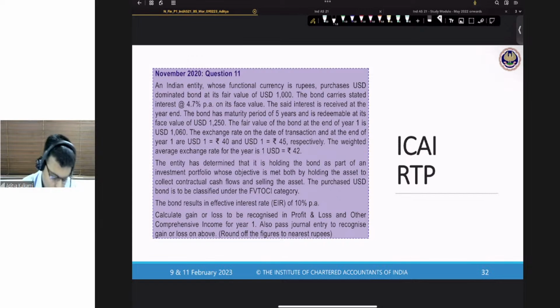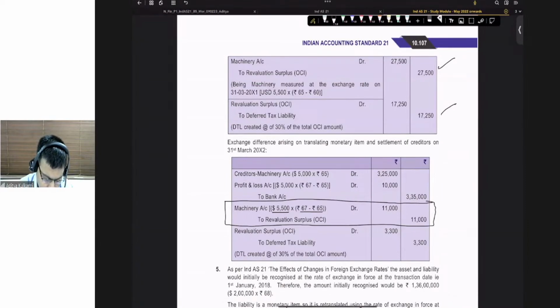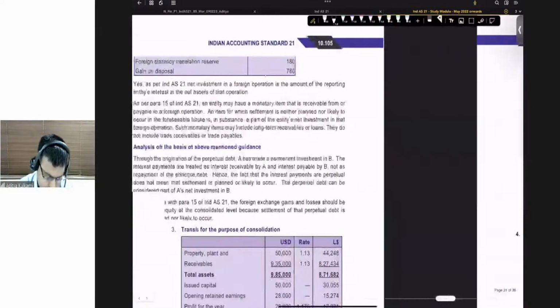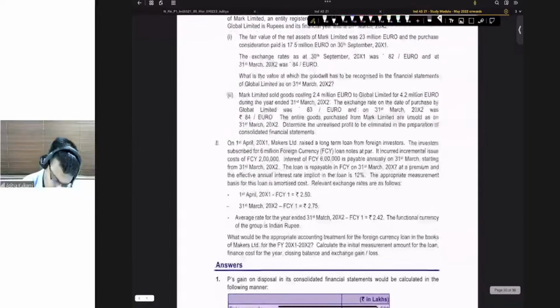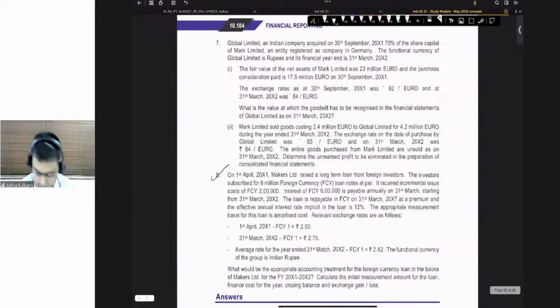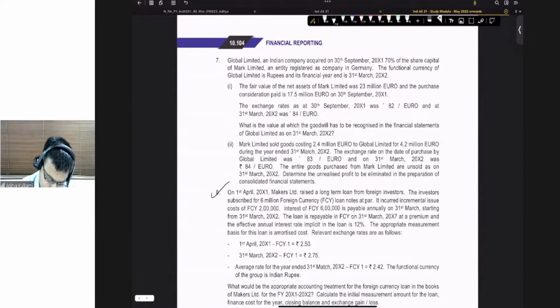Okay, come to question number 11. These questions have incidentally been included as part of your test your knowledge questions. If you look at the test your knowledge sections, question number 8 is what we did just now, and question number 7 we will be doing later on.